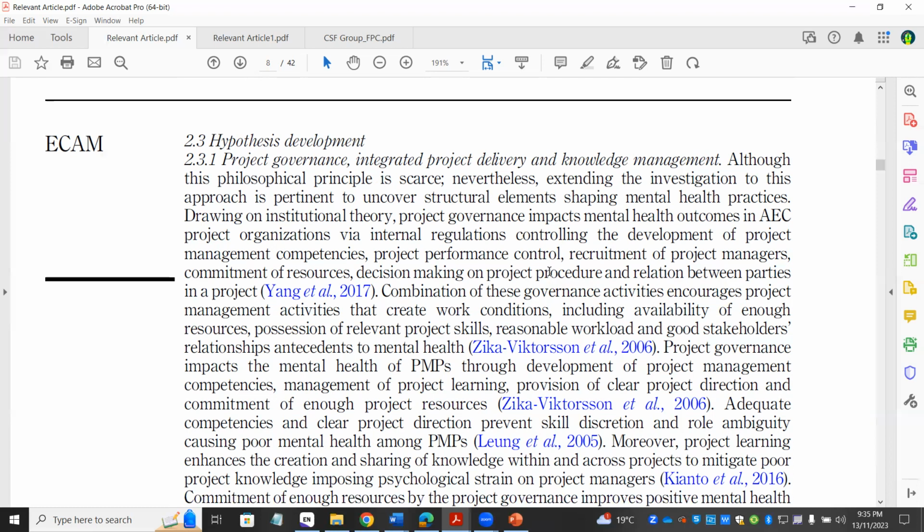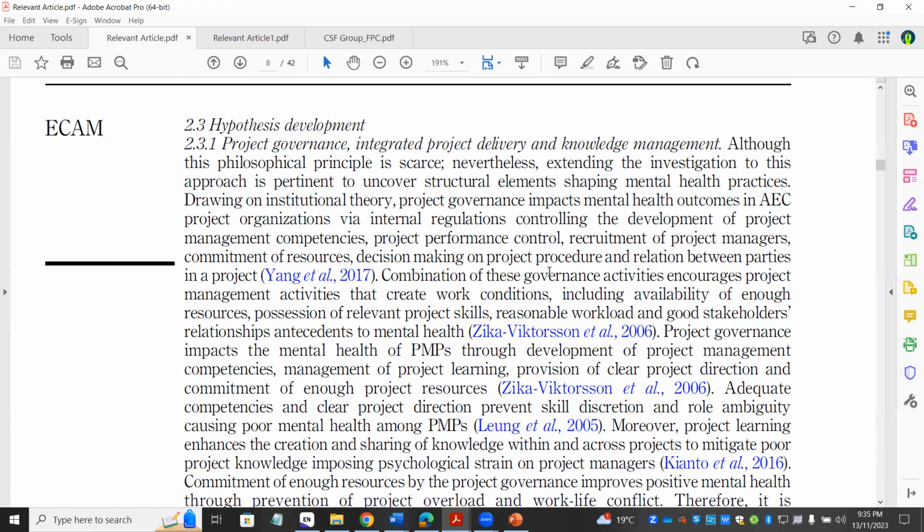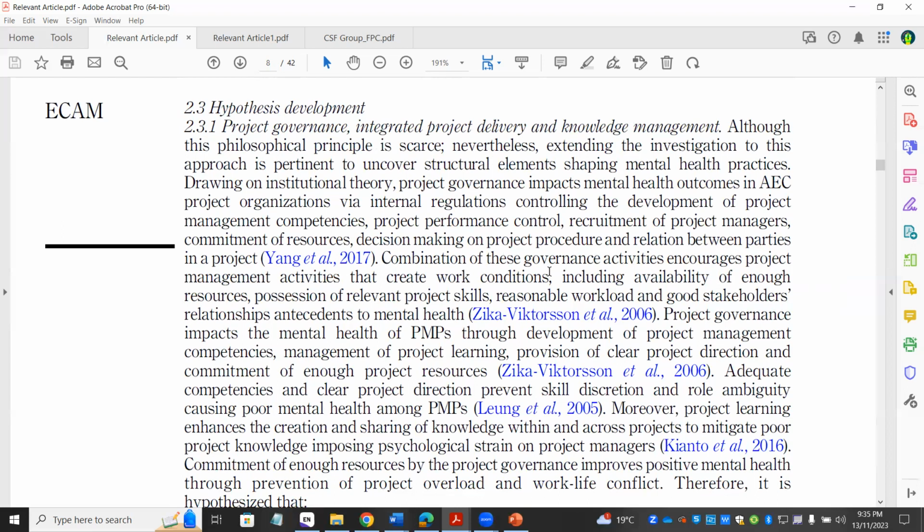Drawing on institutional theory, project governance impacts mental health outcomes in AEC project organizations by internal regulations controlling the development of project management competencies, project performance control, placement of project managers, commitment of resources, decision-making on project procedure in relation between parties in a project.